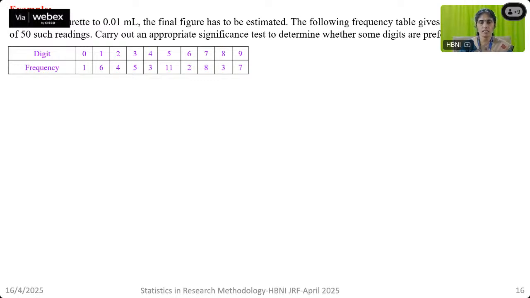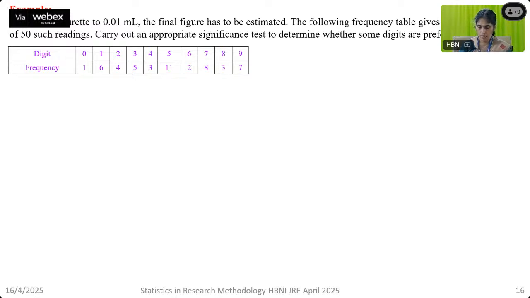If 50 such readings are taken for the volume of a particular liquid, we see that the last digit, the least significant digit, that is the second decimal, can be 0, 1, 2, or any digit up to 9. If one person is doing 50 such readings and taking the frequency of occurrence of a particular digit and tabulating, the data comes out to be like this.